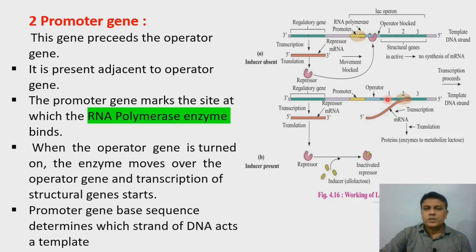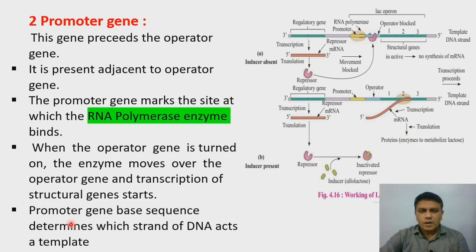It only happens when the operator site is turned on, that is, when the repressor protein is prevented from binding to the operator site by the inducer. After transcription, translation occurs, and three different enzymes are produced for lactose metabolism.